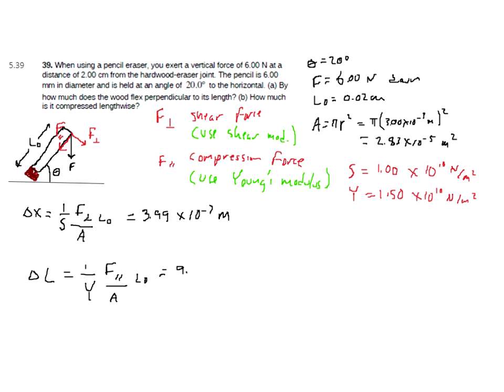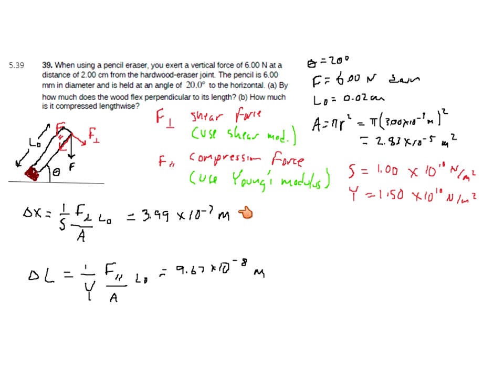We get an even smaller number, which sort of makes sense. 10 to the minus 8th meters. So this deformation is about more than 20 times as much as this one.